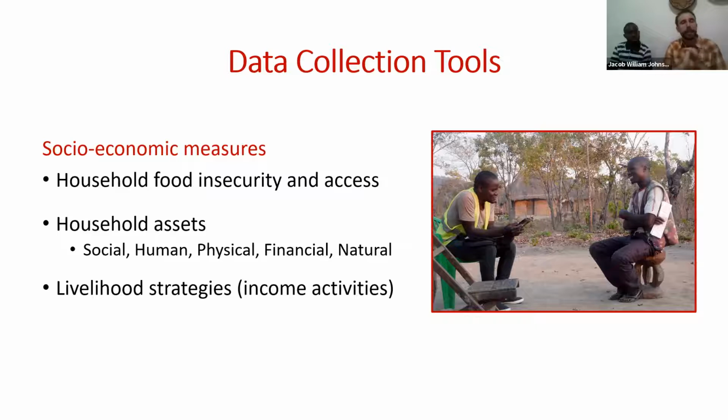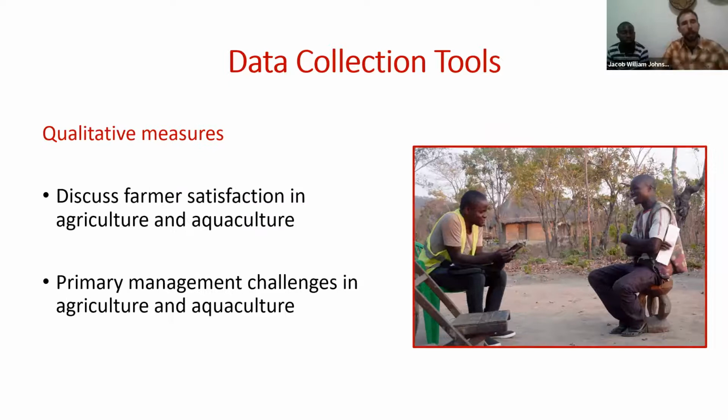We're going to do an itemization of household assets and the livelihood strategies. So what activities generate the most income within the household? We're going to discuss qualitative issues such as, how satisfied is the farmer in their agriculture activities and their aquaculture activities. We're also going to ask them about the management challenges that they face both in agriculture and in aquaculture.